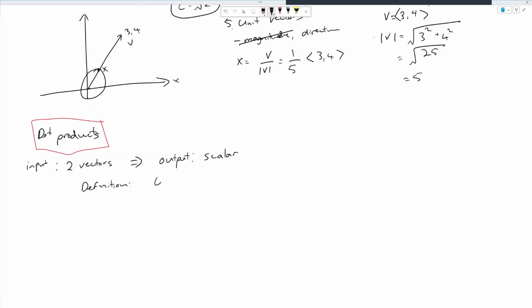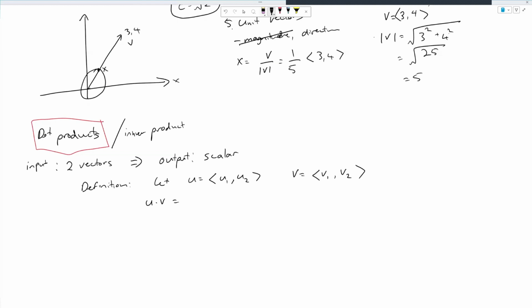If we let u equal to this vector, u1, u2, and let v equal to v1, v2, then u dot v, which is also called the inner product, is equal to the components multiplied by each other.